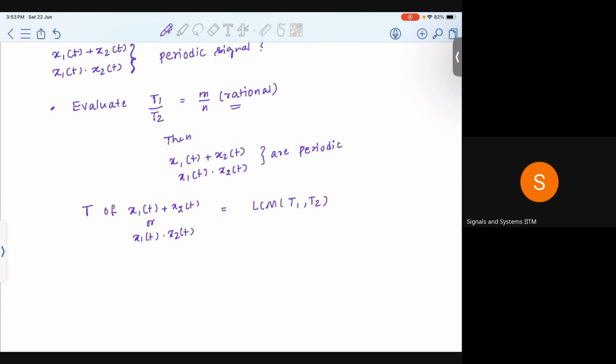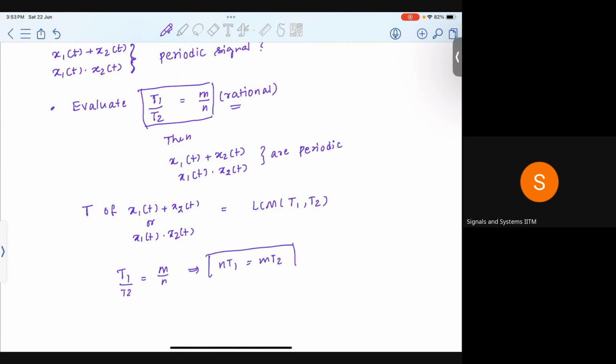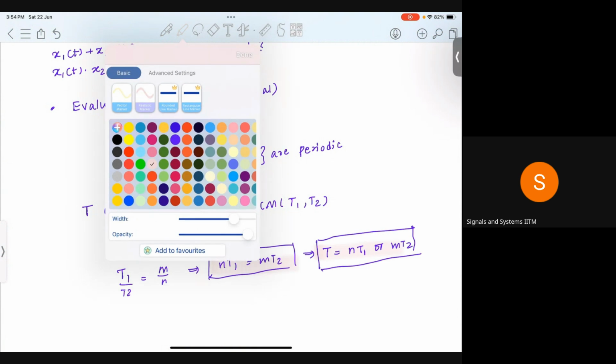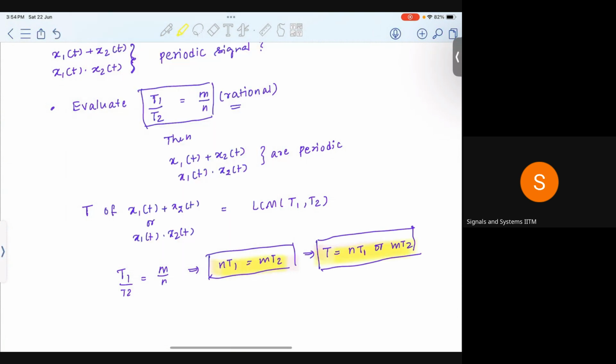Or you can also easily find this as follows: T1 by T2 equal to m by n, which implies n times T1 is equal to m times T2, which implies your fundamental period of the manipulated signal is either n T1 or m T2. Is that all right? I need some acknowledgement, quick. Yes, ma'am. Okay, so this is something you may like and you may remember. This is a nice thing to do.